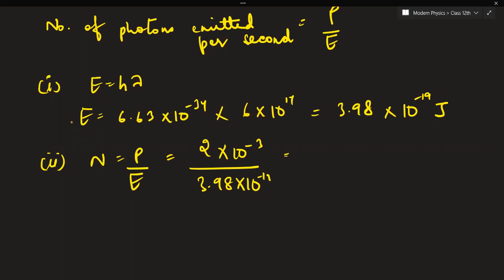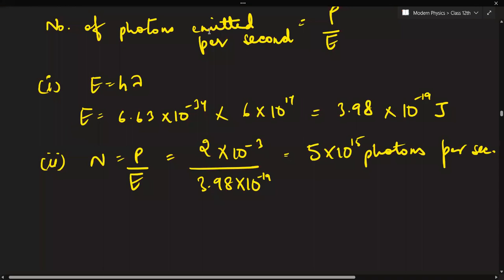If you solve this, 2 by 3.98, or 200 by 398, is almost 2 by 400, so half or 0.5 you can take. So that becomes 5 into 10 to the power 15 photons per second. First tell me, is this question clear?